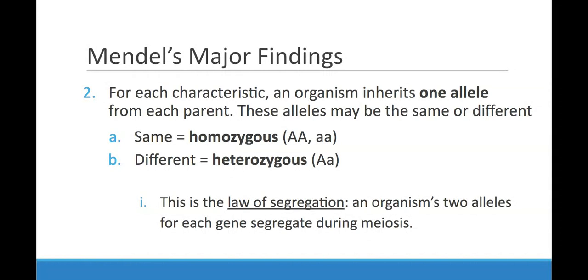That means that when the parents breed with each other, their alleles separate, and mom is going to pass down one allele and dad will pass down one allele, and then the offspring will get its two alleles that way. So mom's alleles separate, dad's alleles separate, and then two of them at random are going to combine with each other, and that's how you get the two alleles of the offspring.